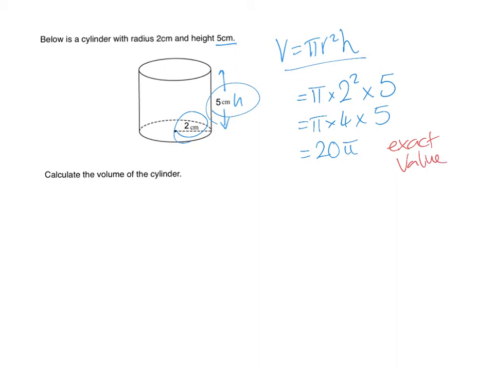And if we want that as a decimal, then you can pop it in your calculator to get 62.8 centimetres cubed, and that's rounded to 3 significant figures. So that's the first example, volume of a cylinder, pi r squared times the height or the length.